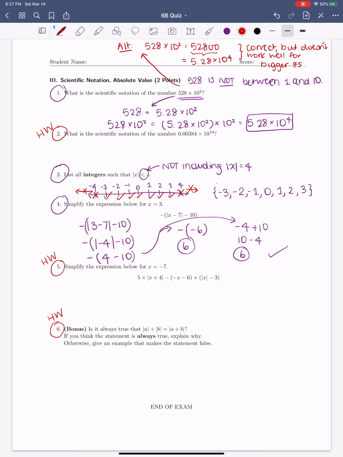Again, this next expression is very similar to number 3, but it's slightly longer. So again, my tip is to try to do just 1 or 2 simplifications in each step.